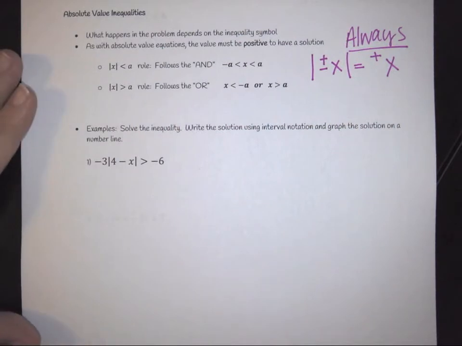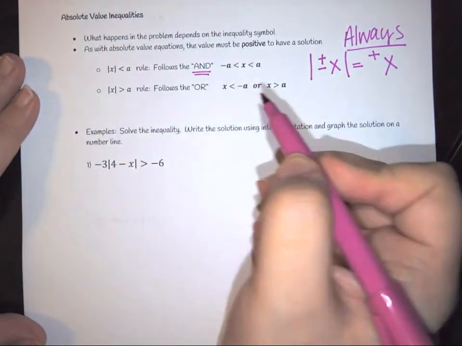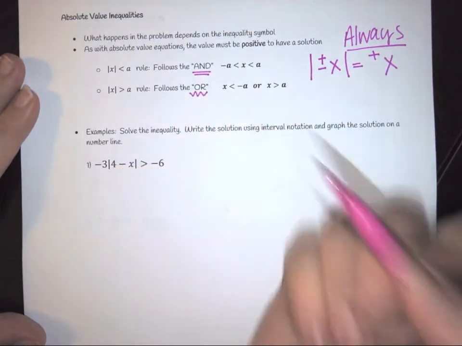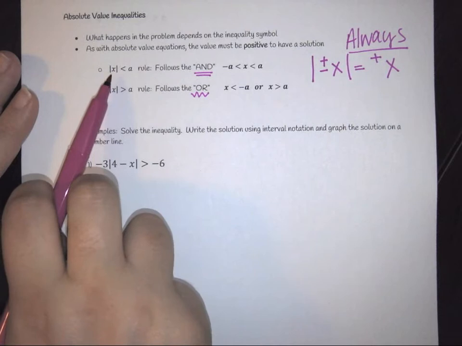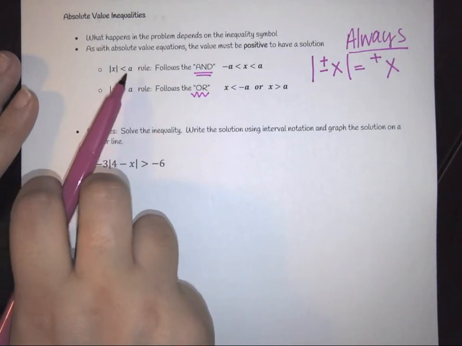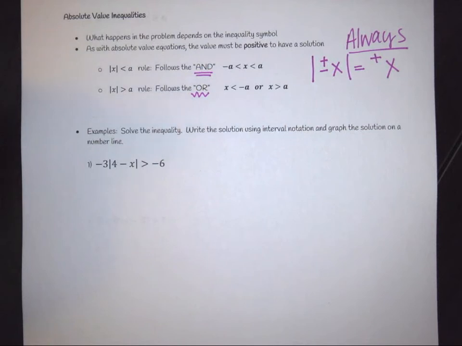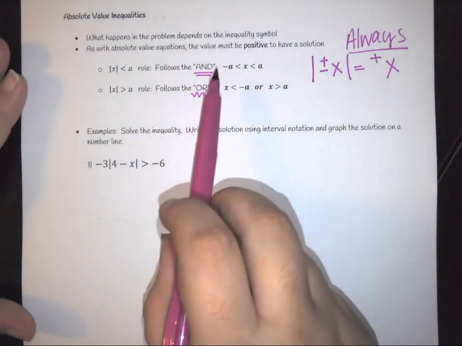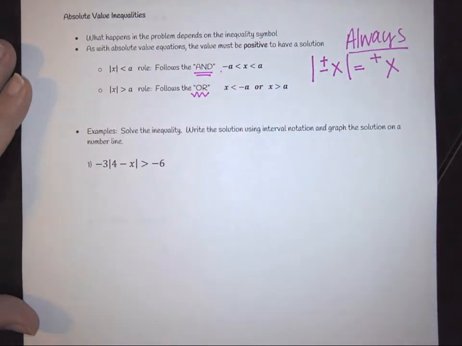So we have two rules that we have to follow. The first is an and rule. The second is an or rule. So an and rule says if your absolute value is less than some number or constant, then you're going to follow the and rule, which says you're going to rewrite your absolute value into the and form, where you go from the negative through to the positive.